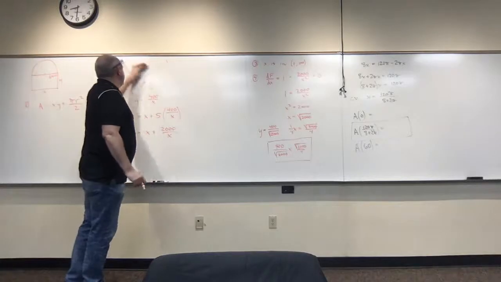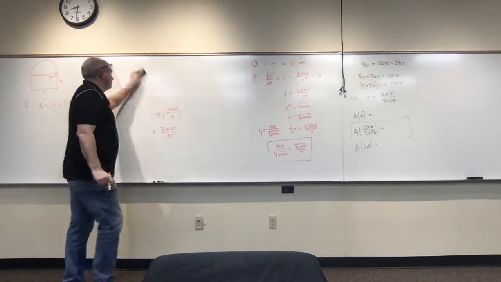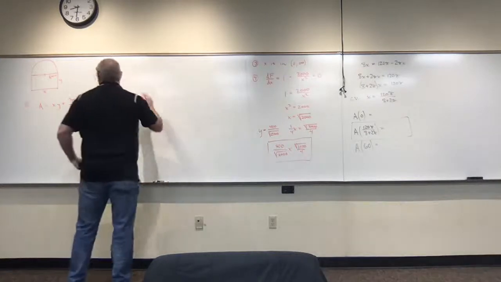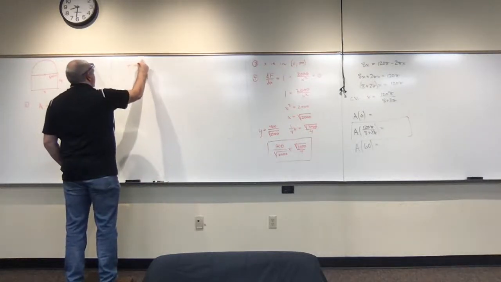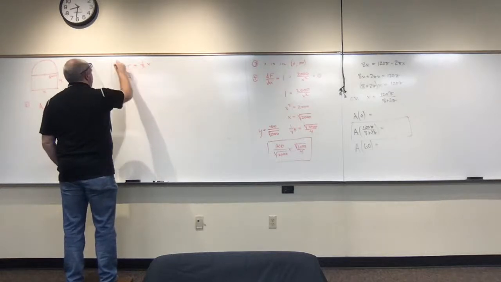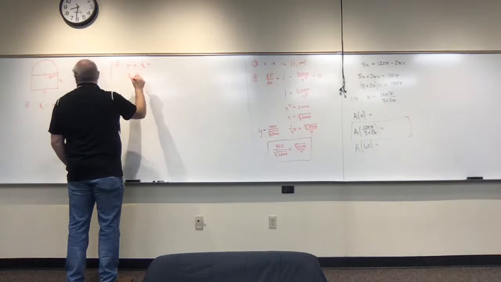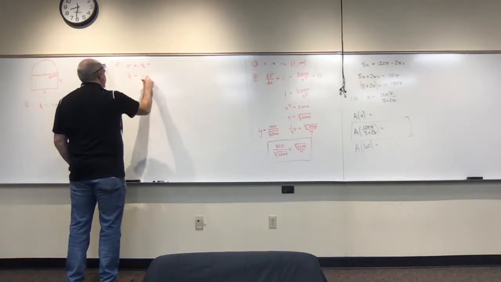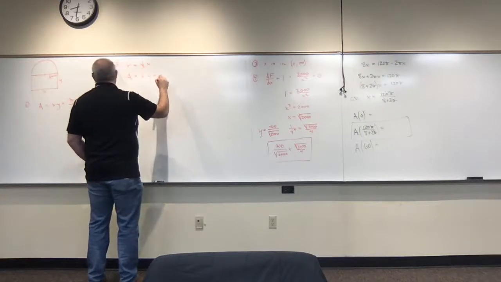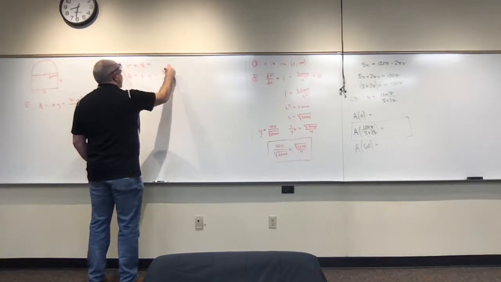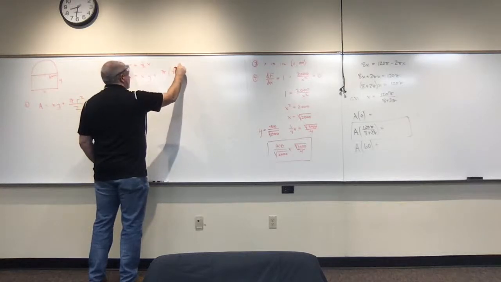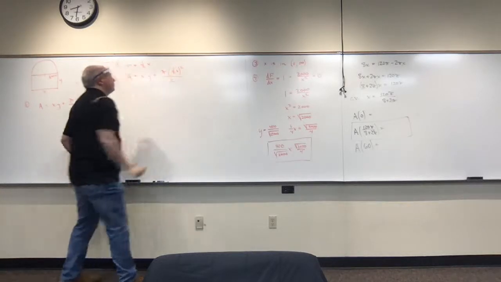So the first thing I could do is get rid of my r very easily because r is equal to 1/2 of x. So I can rewrite, this is my step 2, my area is x times y plus pi times 1/2 of x squared divided by 2.